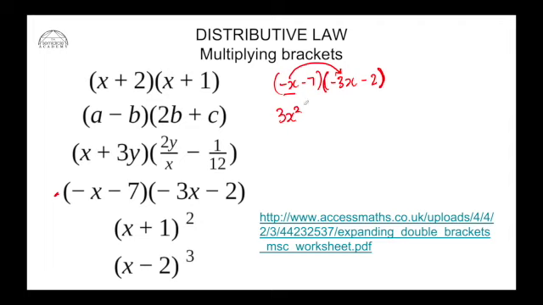Yes? And then I'm taking the negative x now and multiplying it by negative 2. So what is negative x multiplied by negative 2? Positive 2x. Right, so I finished with the negative x. Now let me do the negative 7. I'm taking the negative 7 and multiplying it by negative 3x. So what is negative 7 times negative 3x?